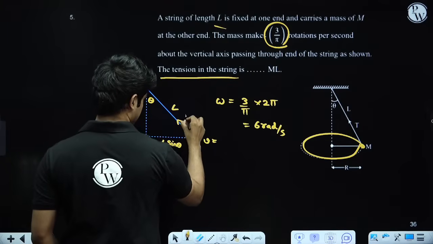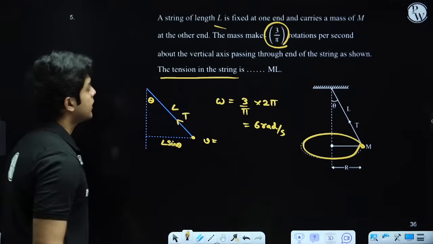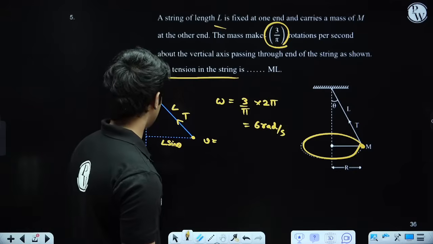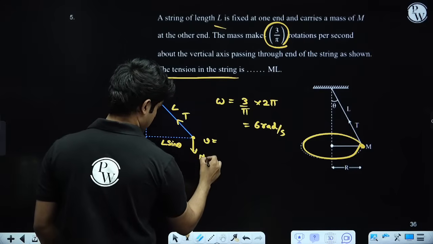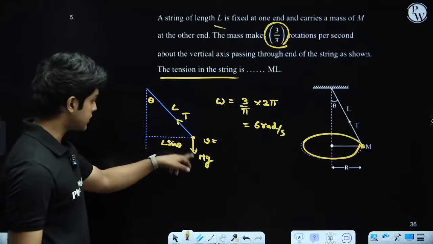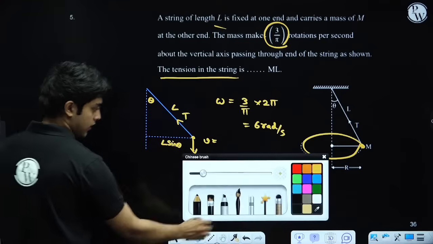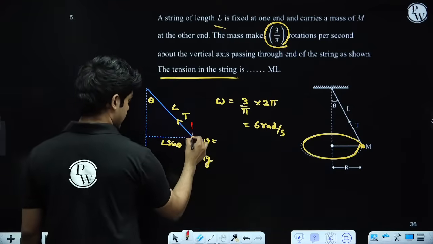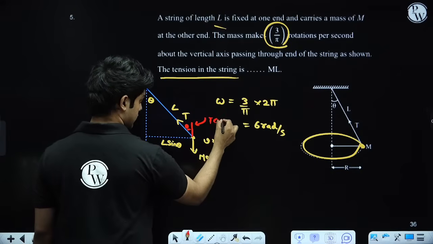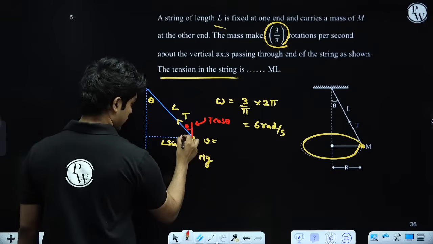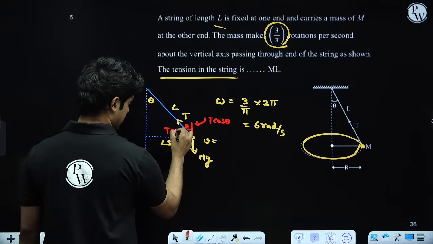So this is the tension. Nothing about the mass is also given. So this is mg. So these are the two forces acting on the particle, right? This angle is theta. So this component is T cos theta, and this component is T sin theta.